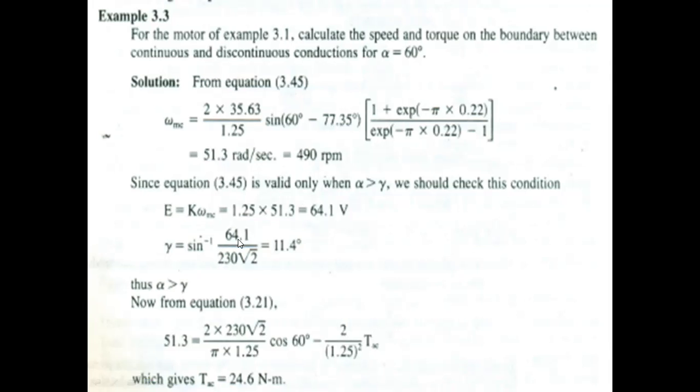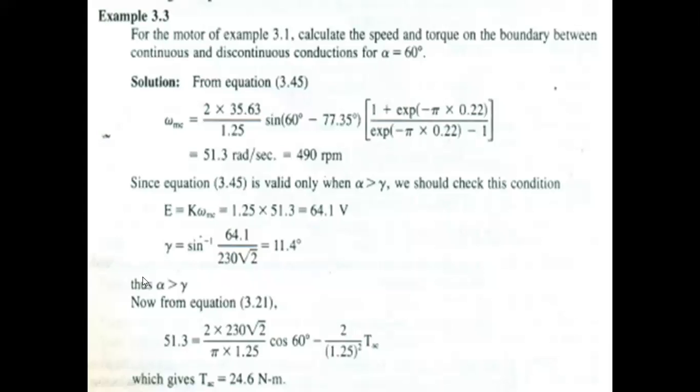E comes from omega mc equals E by K, so E equals K into omega mc, that is 1.25 into 51.3, which is 64.1 volts.